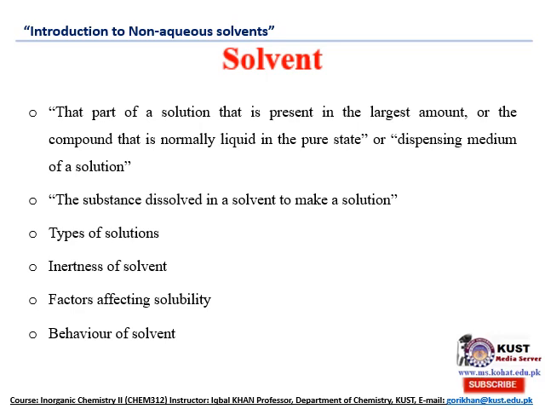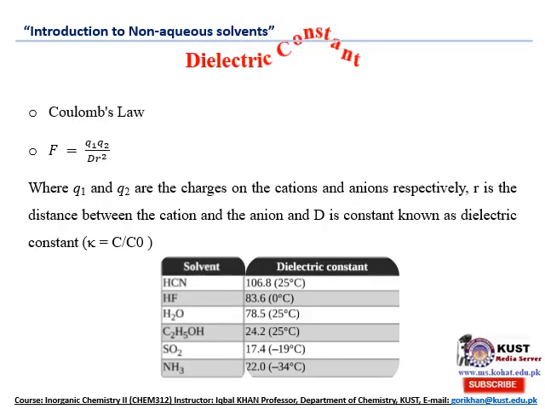So keeping all these properties and factors in mind, we will be able to study the behavior of a solvent, and in that way we can select a solvent for a given chemical reaction or a given chemical property. So we move on to the next slide, and the topic is dielectric constant.